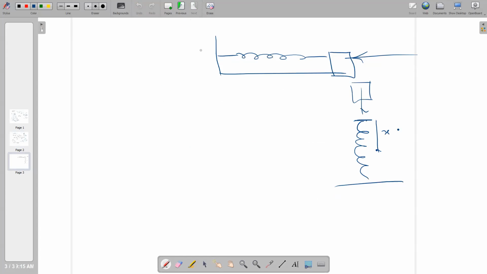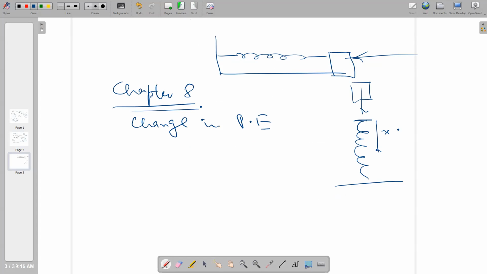Now let's see. I'm starting this chapter number 8. In chapter number 8, you will first study the concept of potential energy, or change in potential energy, with conservative forces.